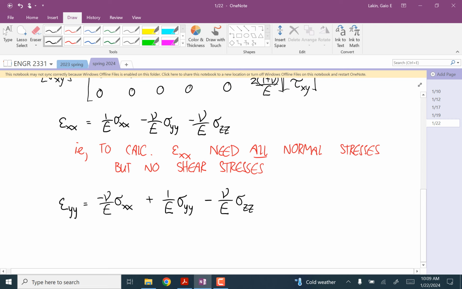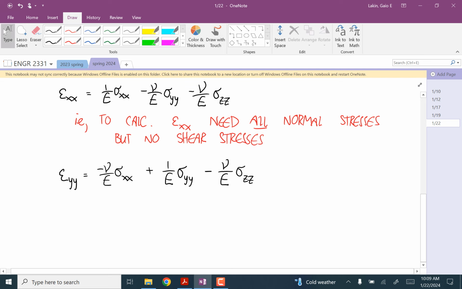Again, the shears don't come into it. But the key thing is, you might think, oh, if I want to calculate the normal strain YY, maybe all I need is the normal stress YY. Well, that's not true. You need all three of those.